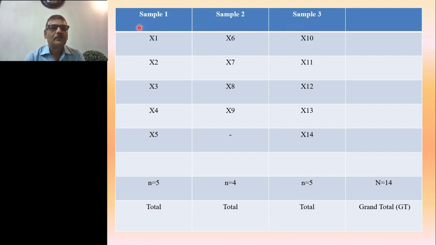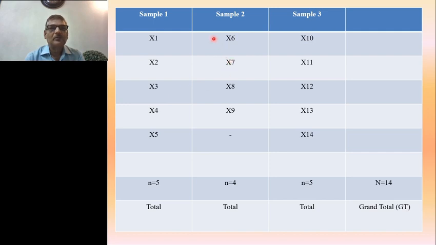Sample 1 indicates that all these values noted here, like x1, x2, x3, are variables coming under sample 1. It means it is one population from which this sample has been obtained, or a specific experiment is done, and in those experiments these values are obtained. So x1, x2, x3, x4, x5 are the different variables of sample 1.